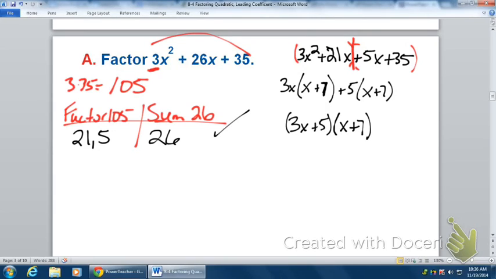Because I have 2 of those, I can essentially bring it down to 1. That's your answer. Now, if you FOILed that out, you would get the same exact thing we started out with, 3x squared plus 26x plus 35.